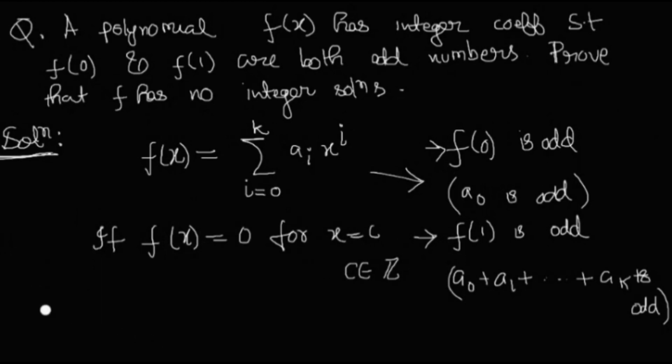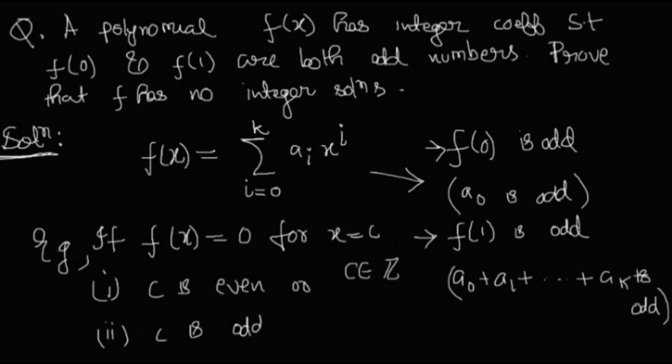So one of the things you can use is, say for example, you have f of x equals 0 for x equals c, and c is an integer. So break it down into two cases. These are the two possibilities for an integer: c can either be even or c can be odd.